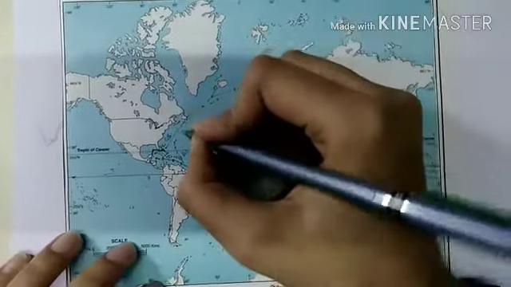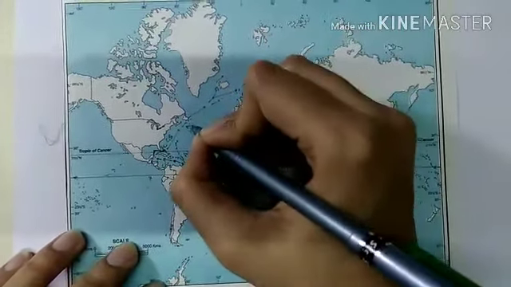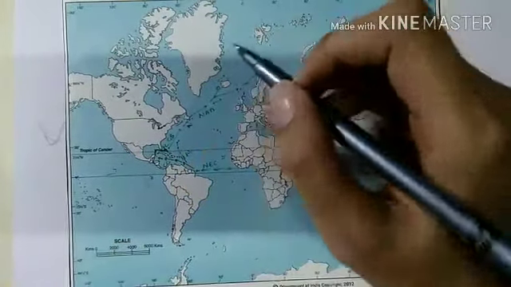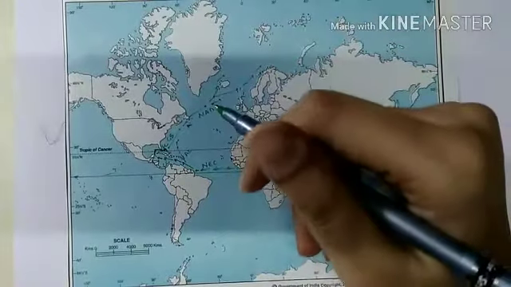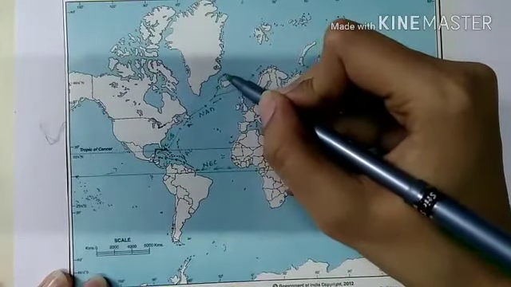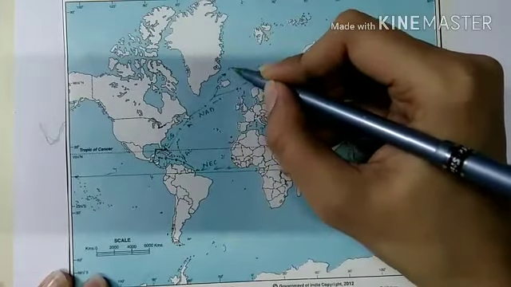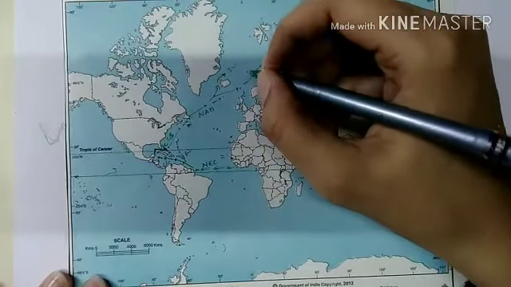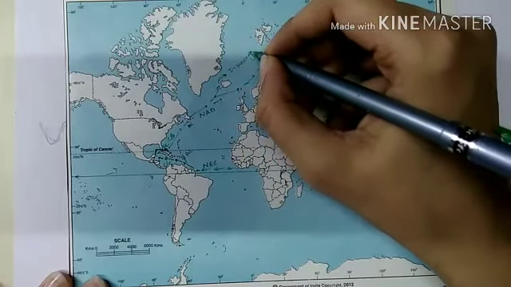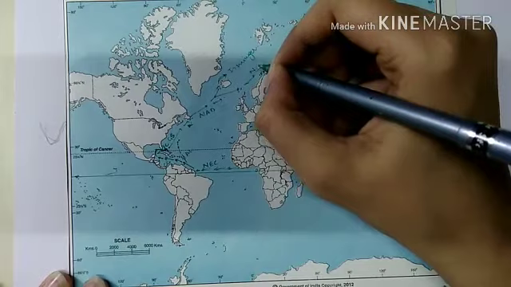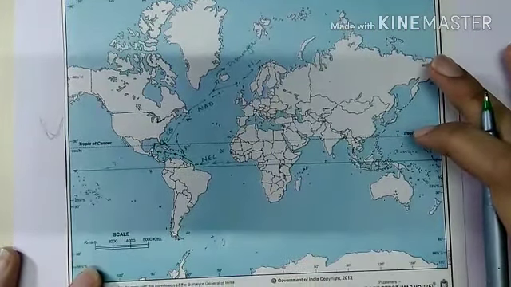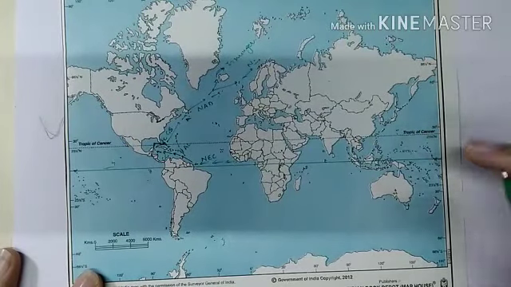So this is our North Atlantic drift, and it bifurcates into two. The north one is again bifurcated into two subparts. This one is known as Irminger, and the lower one is known as Norwegian current. Now, similarly, the eastern branch near Western Europe also bifurcates into two branches.